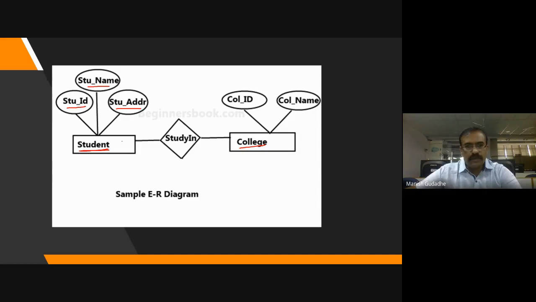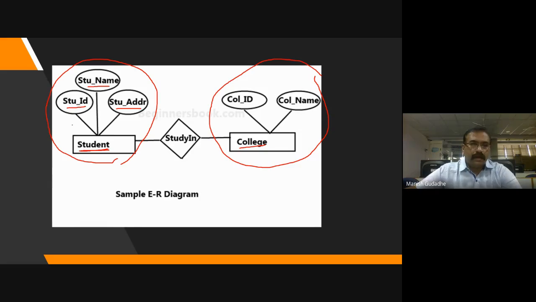So this whole is one entity, this is another entity. The attributes for student are these and attributes for college are these. Fine. So this is a diagrammatic representation of the database which we are trying to consider, where a student is identified with his ID number, name and address, and is studying in a college which is again identified by a college ID and college name.